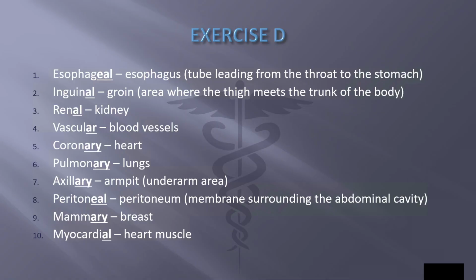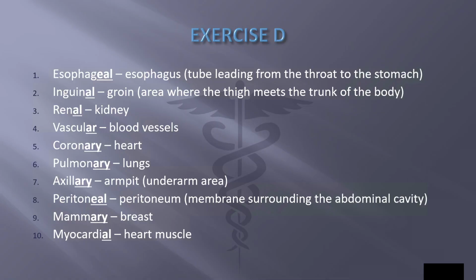Number 3, renal. Again, the suffix of AL here means pertaining to, and the body part this refers to is the kidney. Number 4, vascular. The suffix AR means pertaining to, and vascular refers to blood vessels. 5, coronary.